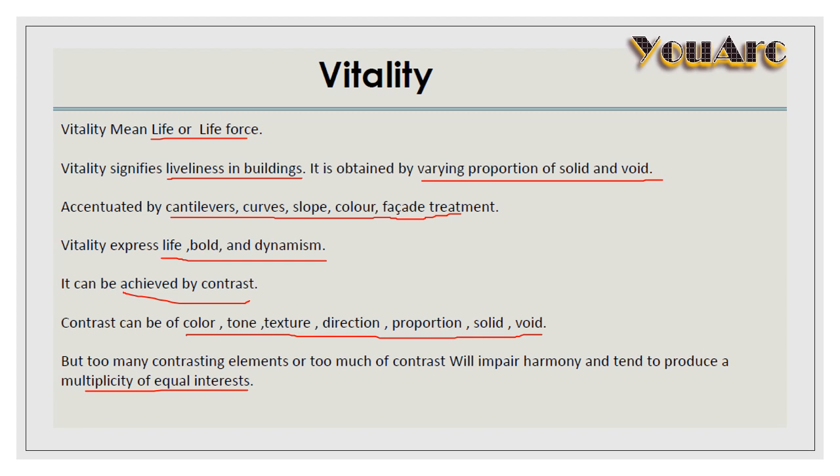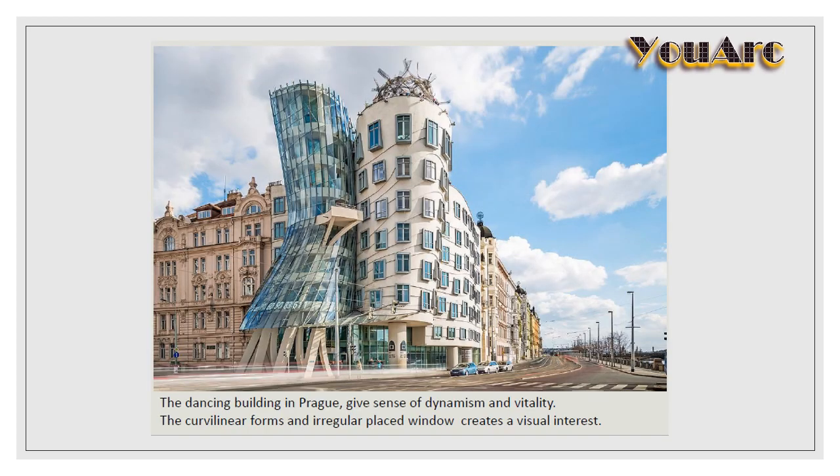Vitality is something which stands out from what is existing. Okay, so let's see an example here. The best example for vitality is this dancing building, which gives a sense of dynamism and vitality. The curvilinear forms and irregular shaped windows in this portion are creating visual interest. This is called vitality.